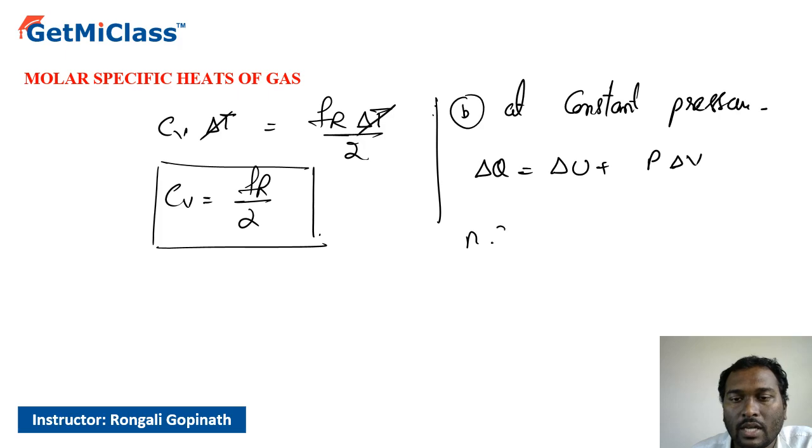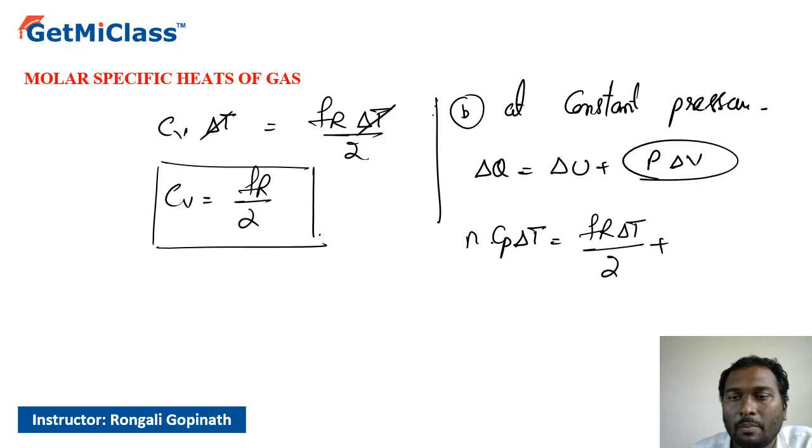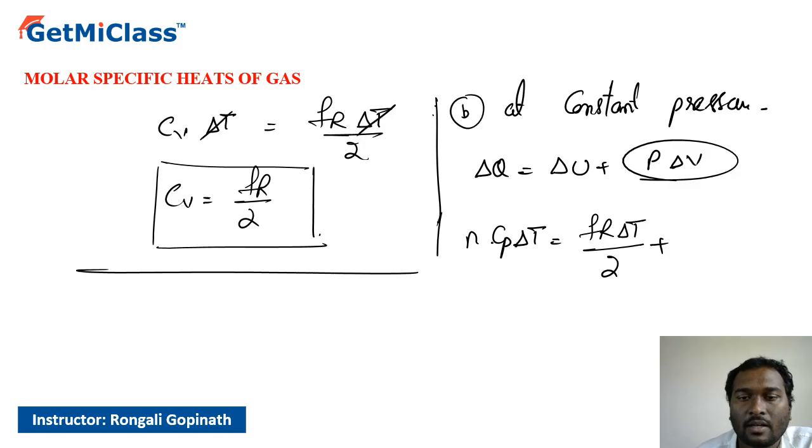Delta Q is N Cp delta T, and delta U is F R delta T by 2, plus P delta V. What happens to P delta V? Let's see. PV equals nRT.